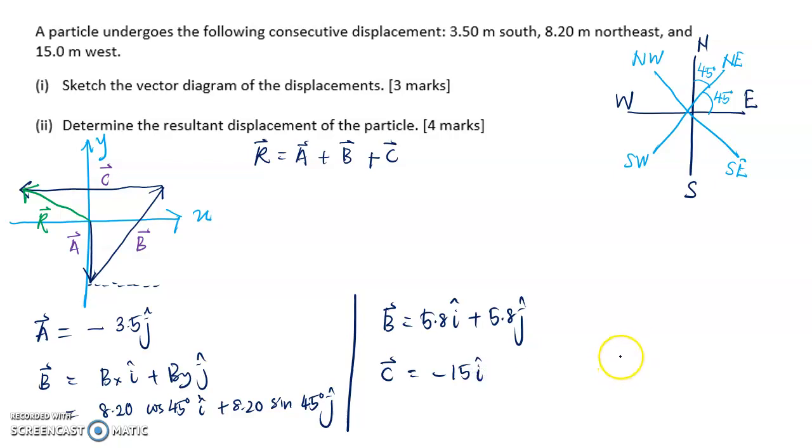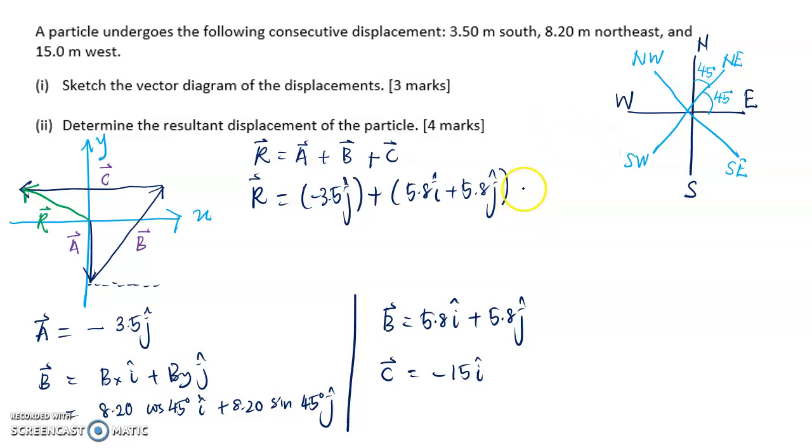What we have to do next is substitute the numerical value for each of the vectors. Vector A is negative 3.5 j, and vector B is 5.8 i plus 5.8 j, plus vector C, which is negative 15 i.